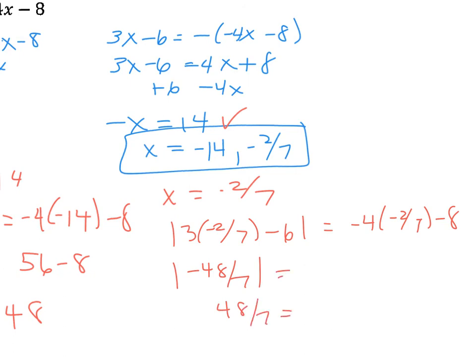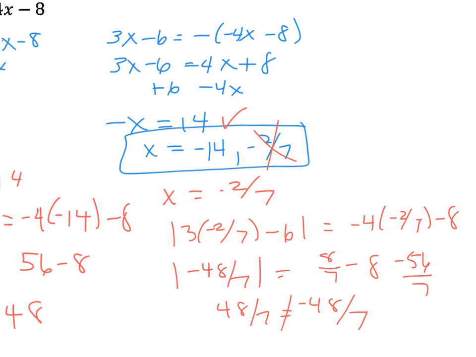Then 8/7 minus 8. Well, 8 would be 56/7. So that's -48/7. So that does not work. So -2/7 would not be my answer. If both of the answers would not work, then it would be a no solution.